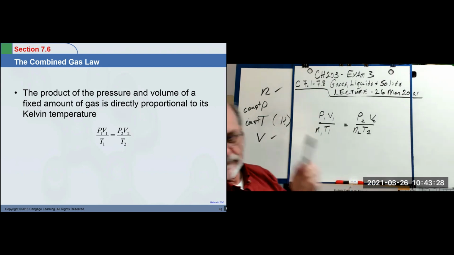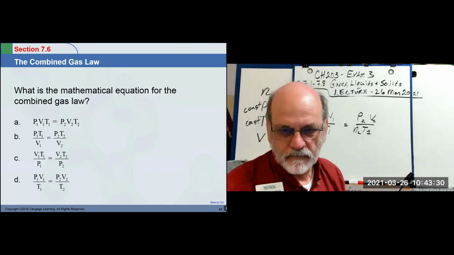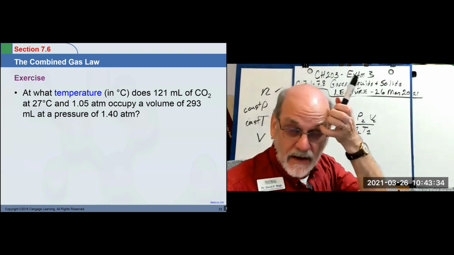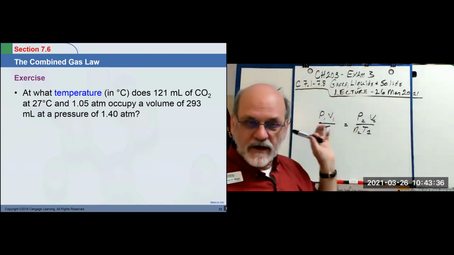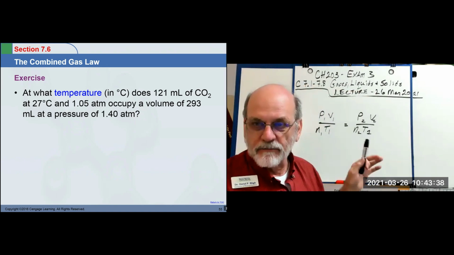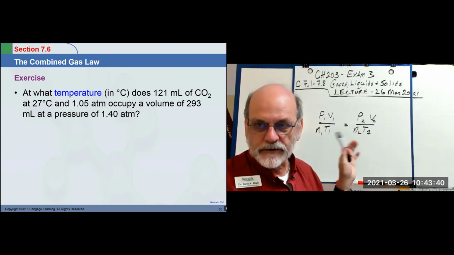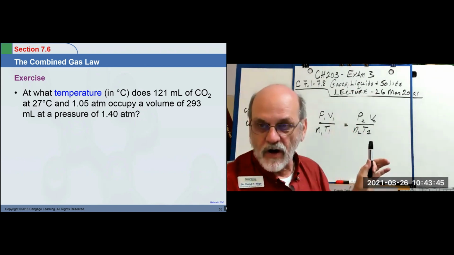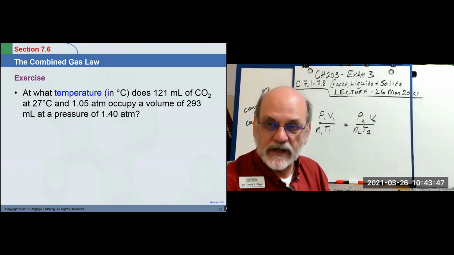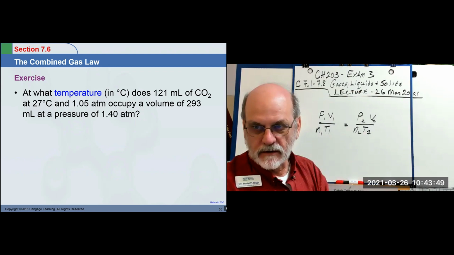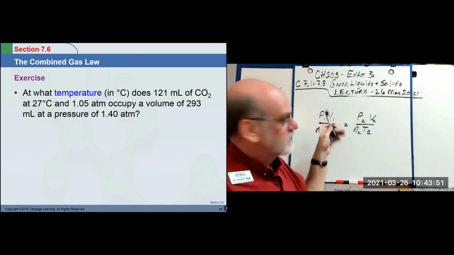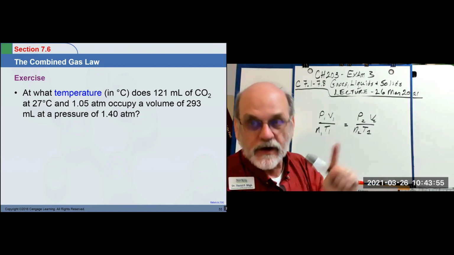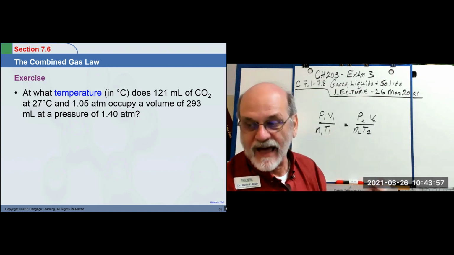I think about that one. But what you can do with the combined gas law is if multiple variables are changing, then you can use the combined gas law to give you an answer. All you need is one unknown. If you have values for each one of these, and only one of them is unknown, you can solve for it. That's math.